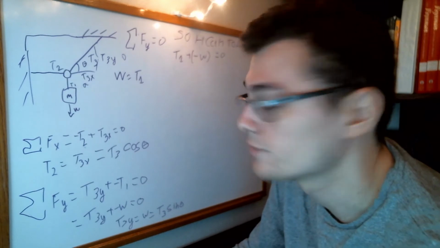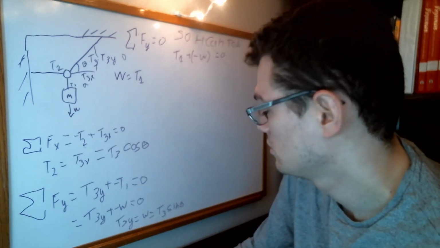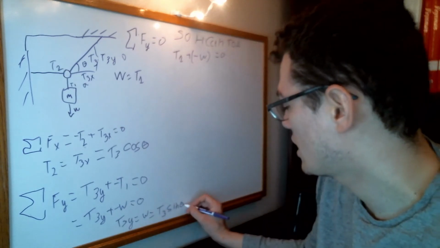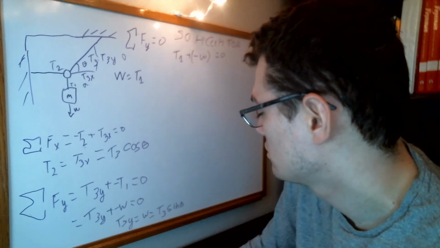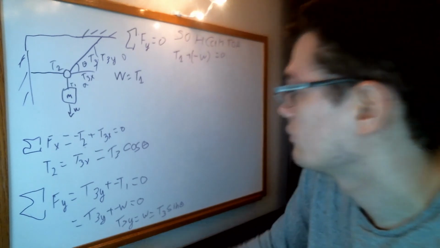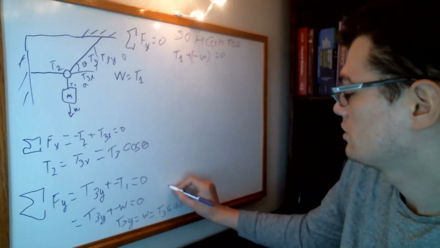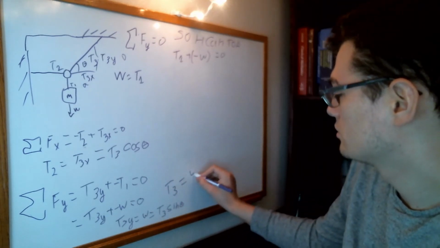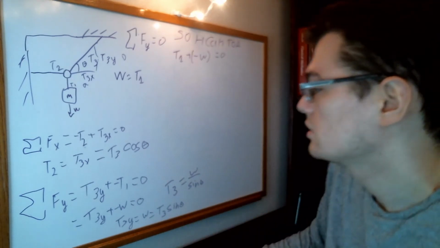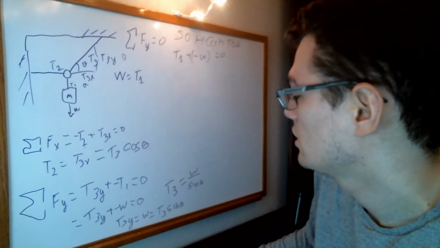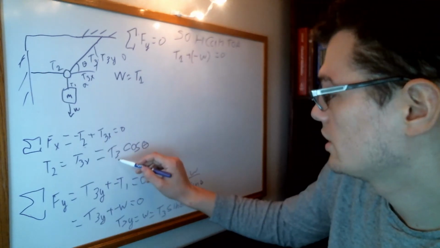And at this point, all we need to do is we just need to solve. If we're given the angle and we're given the mass of the engine, we can solve for T3 here. So then T3 is equal to W over sine theta. And here we know what T3 is, and so we can plug T3 in here.